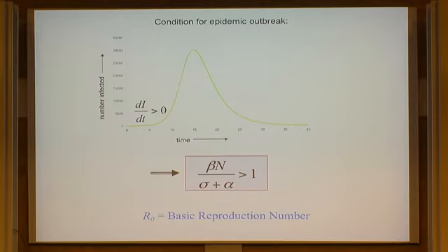One of the other critical concepts that comes out of even a very simple SIR type model is this notion of a basic reproduction number, which I'm sure many of you will be familiar with, which is a measure of the fundamental potential of a particular pathogen to spread within a population.